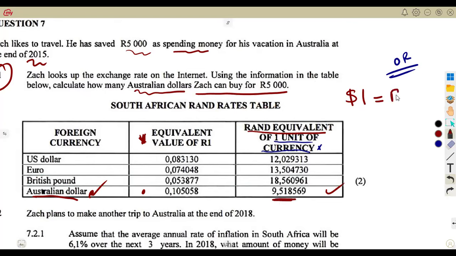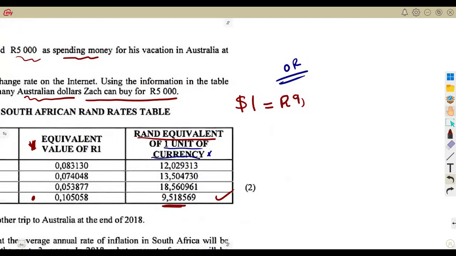So it is equivalent to 9, whatever you're given there, in rands this time. 9,518,569.